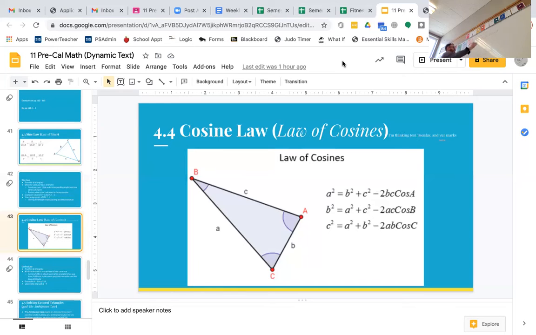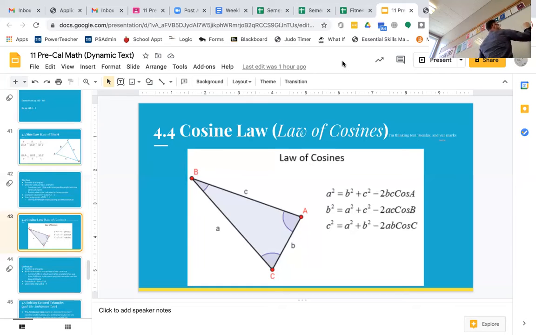The only reason there are three more is that they isolate B and C, but see if you can see the pattern. B squared equals A squared plus C squared minus 2 times what? BC. Nope, AC.